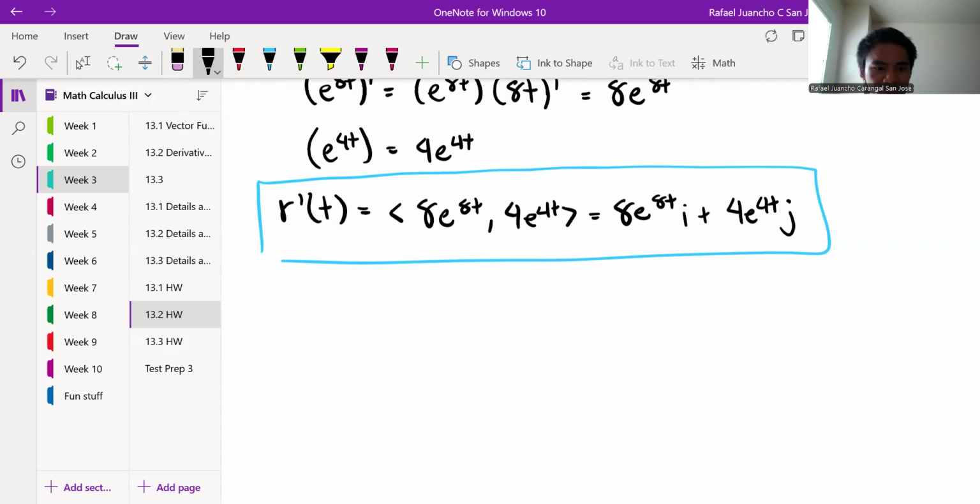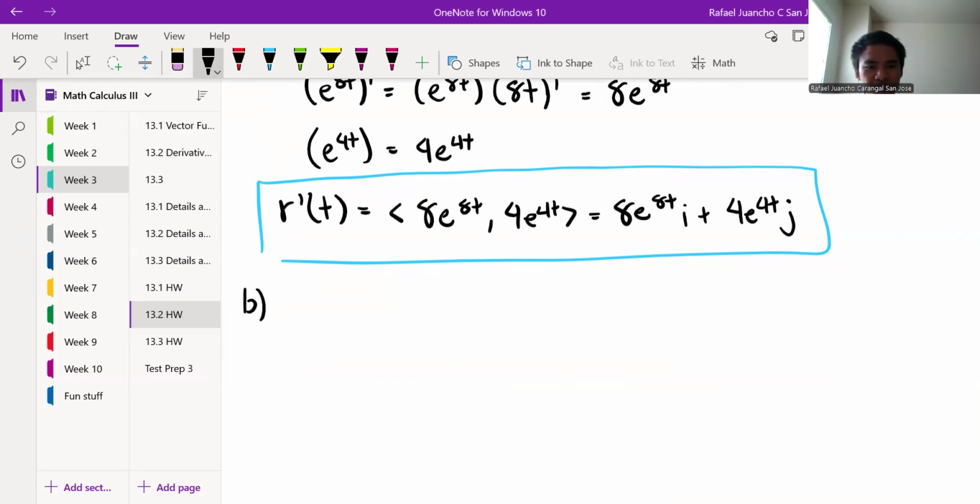So we get 8e to the 8t, then we get 4e to the 4t. And that should be it. See if we got it. Hope we did.